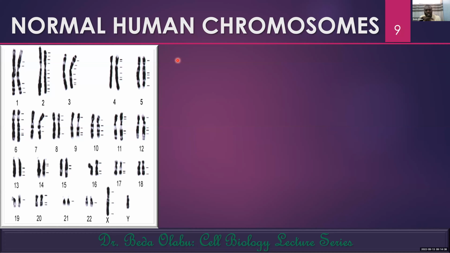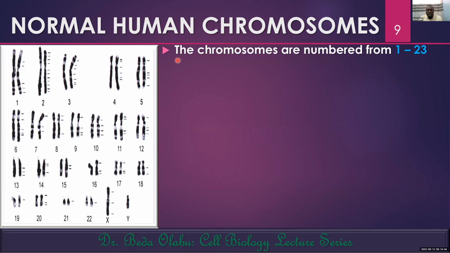Let's say some things about the normal human chromosomes. The chromosomes are numbered from number 1 to number 23. Well, usually we don't number the 23rd one. We usually just number the first 22.